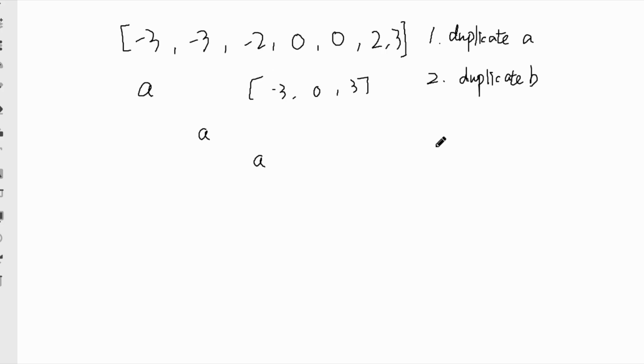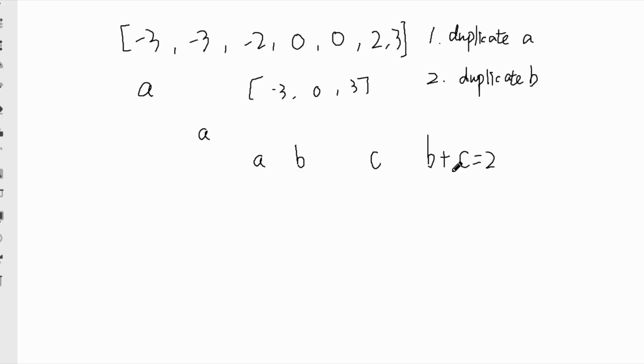Now we keep going. A is equal to -2, so we need to find B plus C equals 2. Let's say B is equal to 0 right now, and then we find C is 2 here, so that B plus C equals 2.